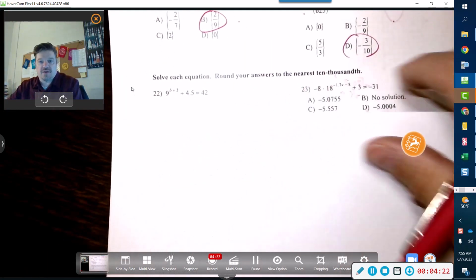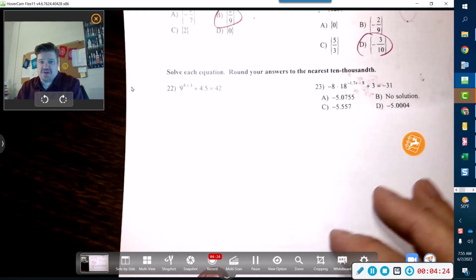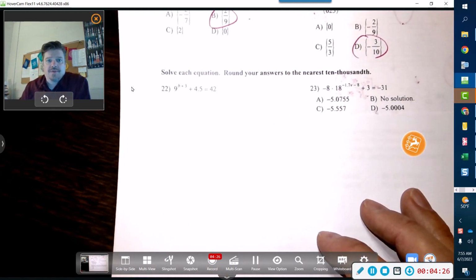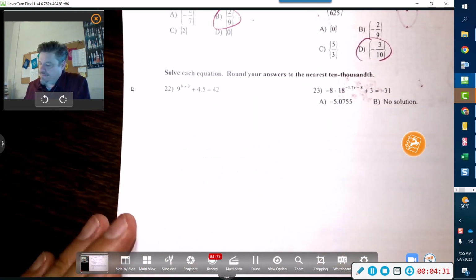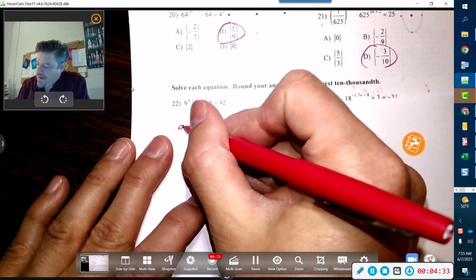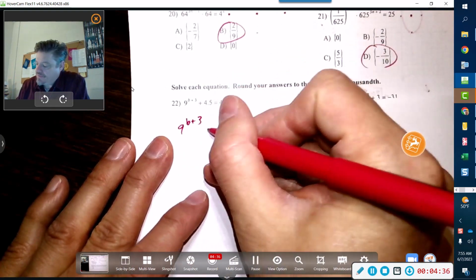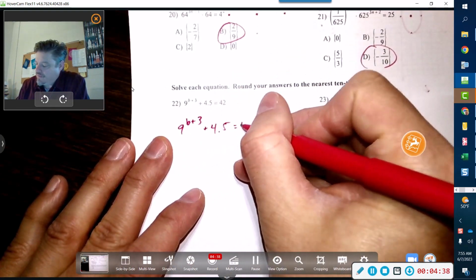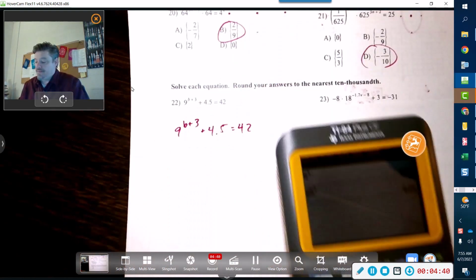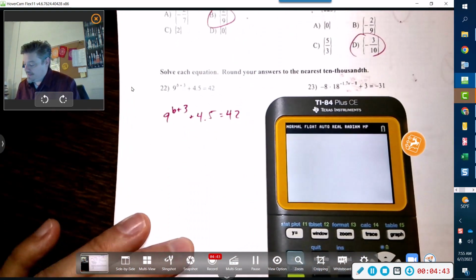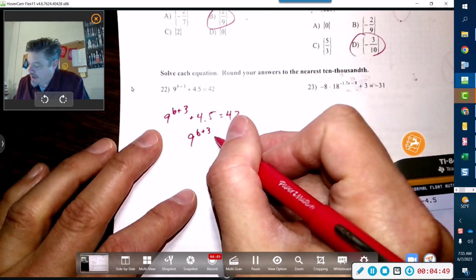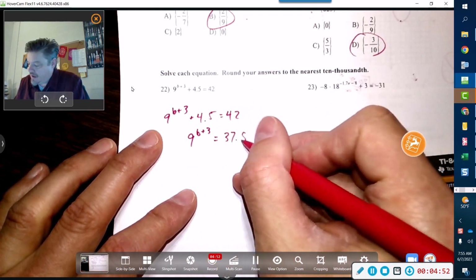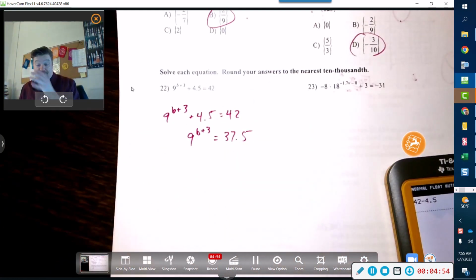Okay. So not hard problems, I think. These are trickier. These are just ones that require the log. So 9 to the b plus 3, plus 4.5 equals 42. I'm definitely using a calculator for this. I don't trust myself this early in the morning. So I subtracted 4.5, which is what you would normally do.